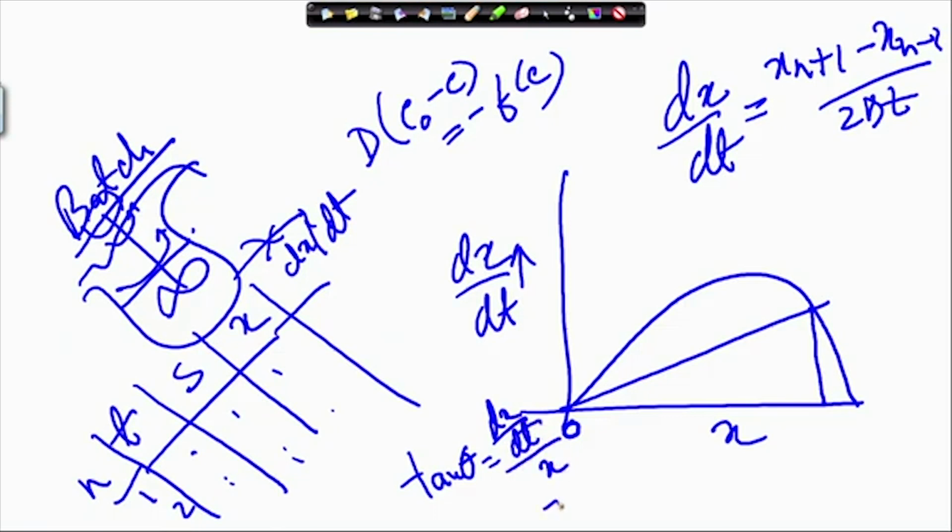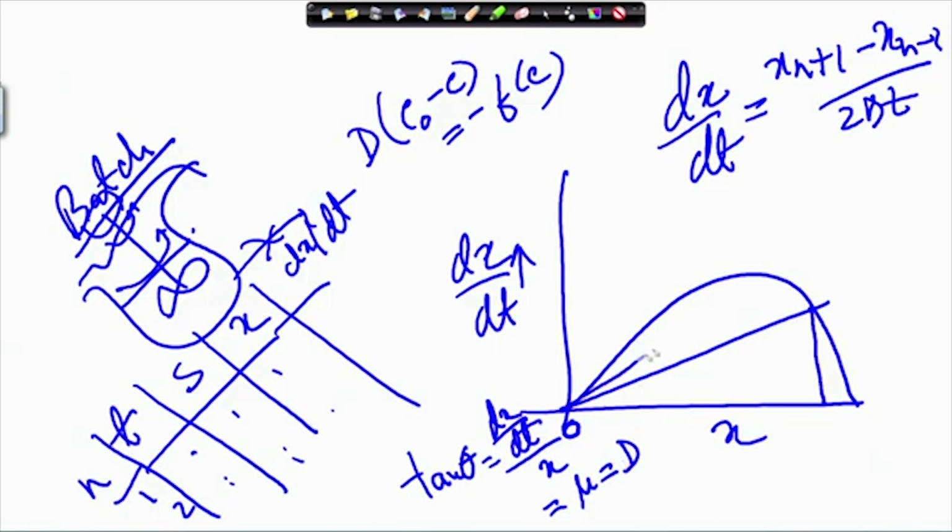And this is equal to mu, and we know in the case of a chemostat, under steady state condition and sterile feed, mu equals D. That means this is a particular dilution rate.